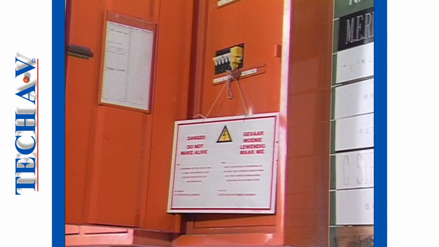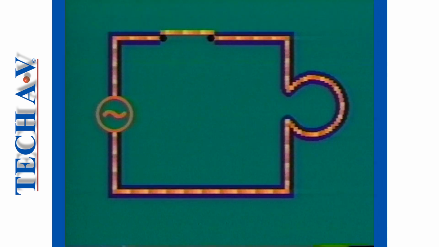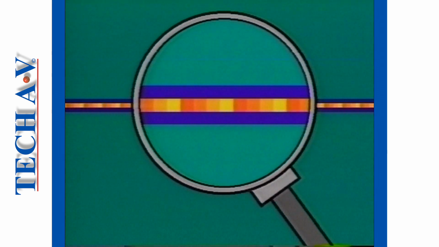Let's overview some important facts about electrical apparatus. Every piece of electrical equipment has two basic components, namely conductors, along or through which current must flow, and insulation, which prevents the flow of current.